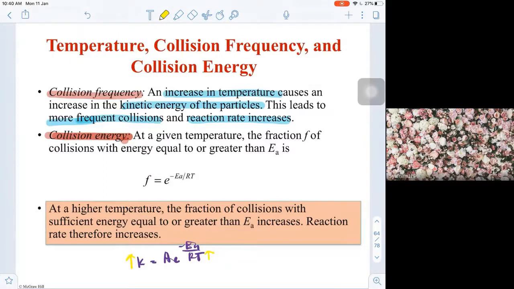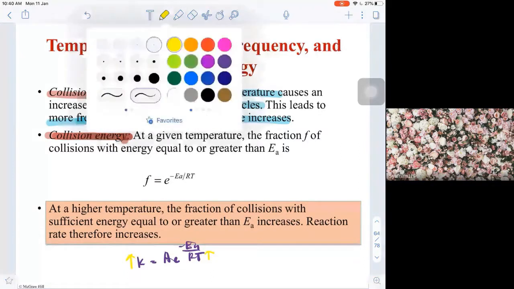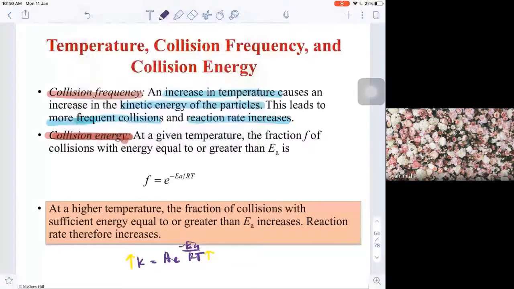So how to explain the effect of the temperature based on the Arrhenius equation is simple, even simpler than before. When the temperature increases, the rate constant increases, and the rate will increase. This is the effect of the temperature based on the Arrhenius equation.